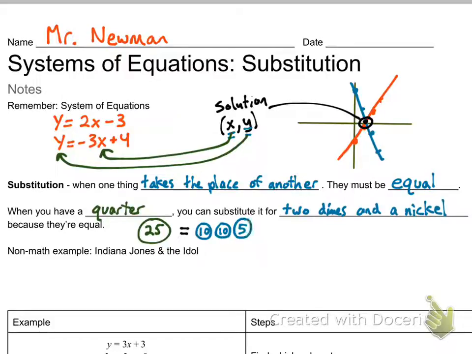Because those are exactly equal, anywhere you have a quarter, it is perfectly fine to substitute 2 dimes and a nickel. You might need to do that to make change, to pay for something where you can't pay with the whole nickel or the whole quarter, but you need to pay with part of a quarter. So there are lots of situations where that might be helpful.